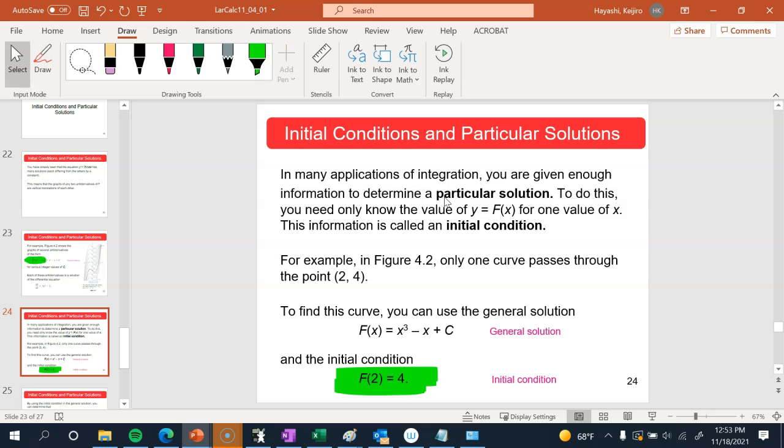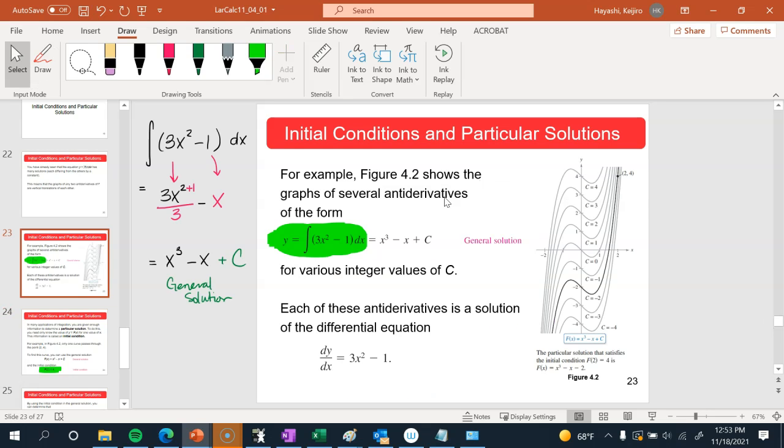Now, if we go back up and look at that family of solutions, right? These are all members of that general family of solutions. You might see that only one of these actually passes through 2, 4. So only one of these, a specific one of these, will satisfy the initial condition that big F of 2 equals 4.